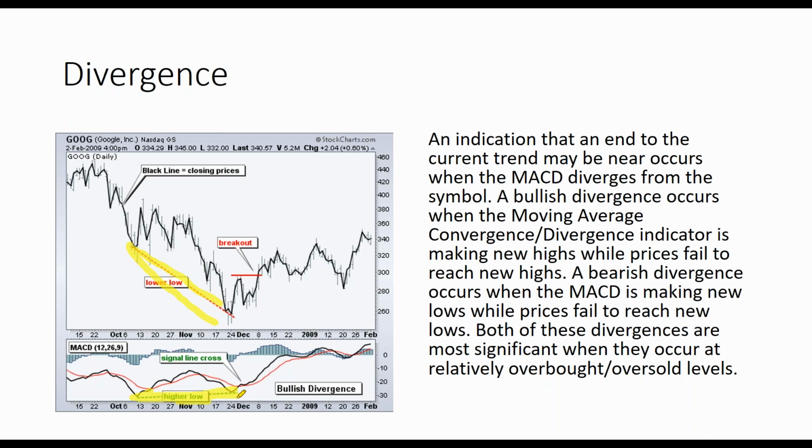So here it's making new highs. Price fails to make new highs. Okay. A bearish divergence occurs when the MACD is making new lows while price fails to reach new lows. Both of these divergences are most significant when they occur at relatively overbought or oversold levels.